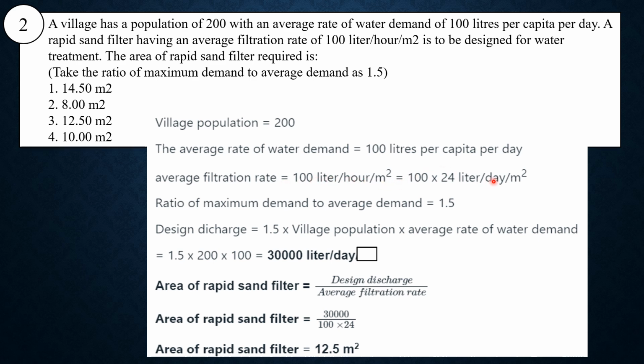Convert it into liters per day per meter square by multiplying by 24. This is the formula to calculate the design discharge: design discharge is 1.5 times village population times average rate of water demand. So this is the design discharge, and the average filtration rate is given. So the area of the rapid sand filter is 12.5 meter square. So option third is correct.